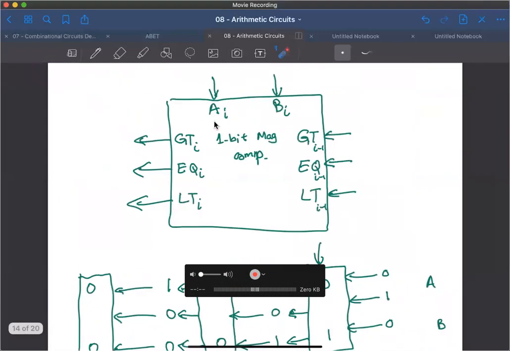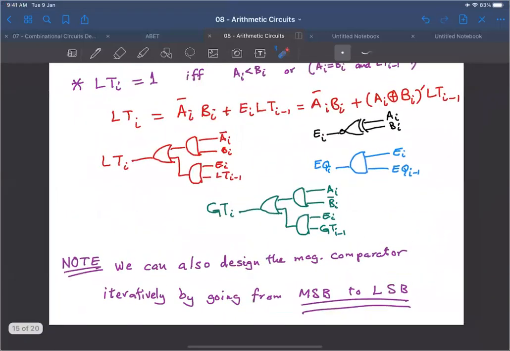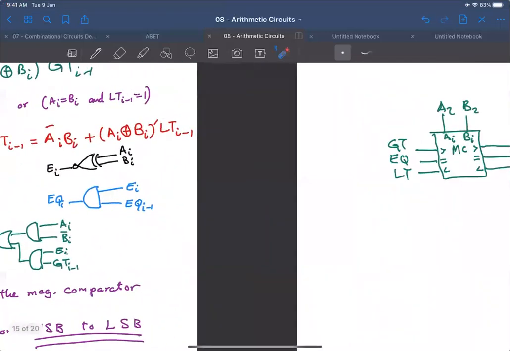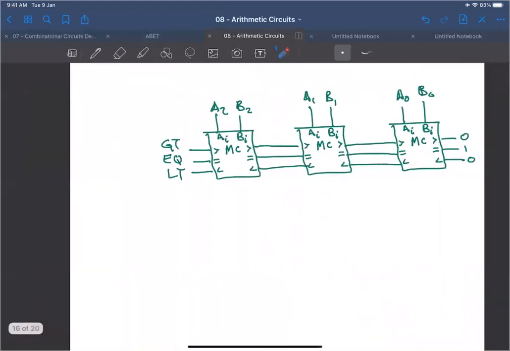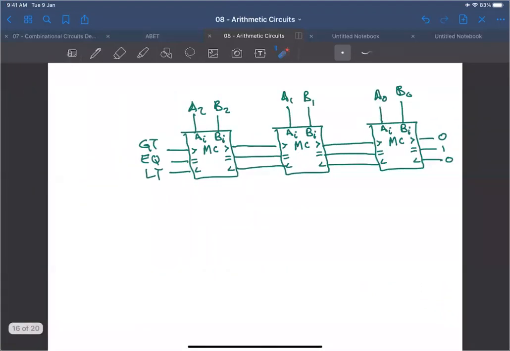Now let's say that you want to design a comparator. We just constructed the cell, which is a 1-bit comparator, and we would like to use it in a 3-bit comparator. How do we do that? We just cascade the design.